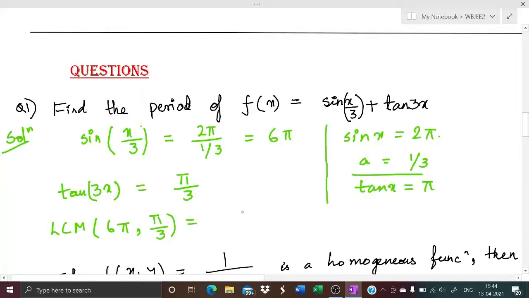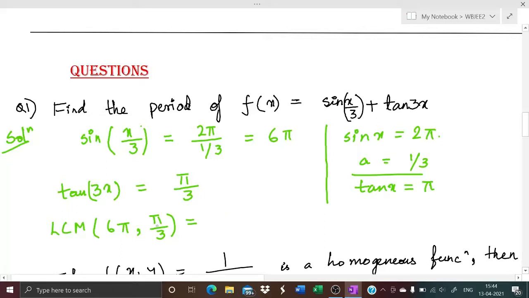So what would be the period of 6 pi and pi by 3? Okay, now this is a fraction and this is a normal number. Okay, this is a fractional number, this is an integral number. So if you have to find the LCM of a fraction, then you have to find the LCM of numerator by HCF of denominator.